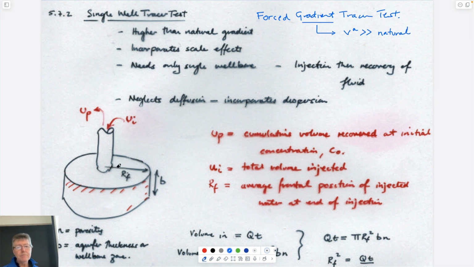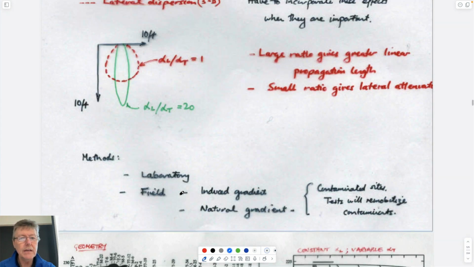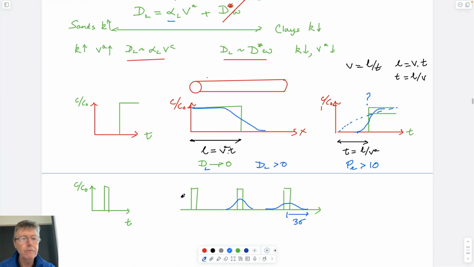And so the fact that you take a well bore and you pump tracer in, and so if you looked at the injection profile, this would be your injection profile into the borehole, right? At time zero, you turn it on, and you inject at some concentration. You'd inject for some time, and then you'd stop, and then you'd actually reverse it by sucking the fluid back out.